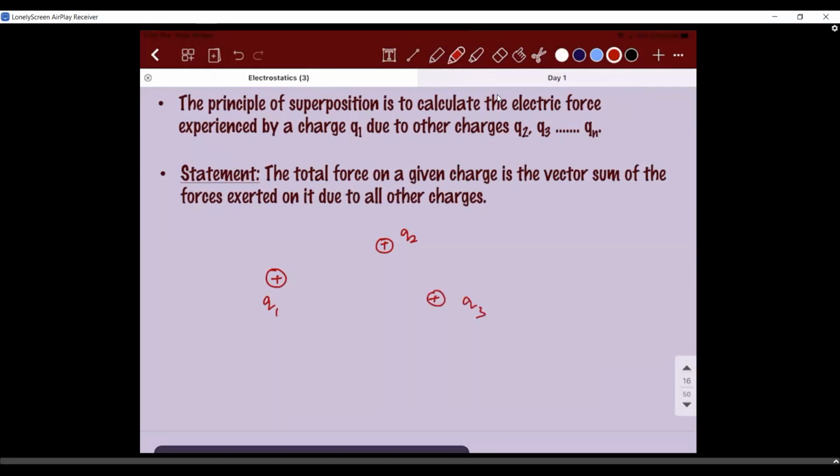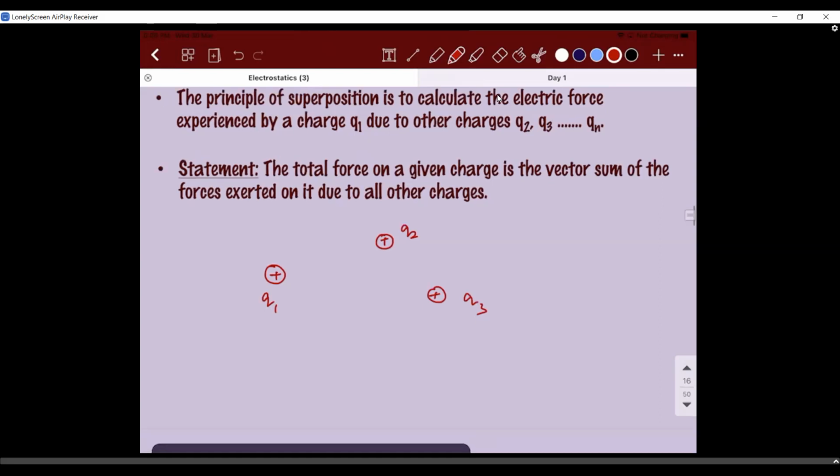When you take Coulomb's law into consideration, you take two charges at a time and the distance of separation between them. Am I right? So I name this as the first charge, this as the second, and this as the third, and I'm taking everything to be positive. What will be the force experienced by the second due to the first?